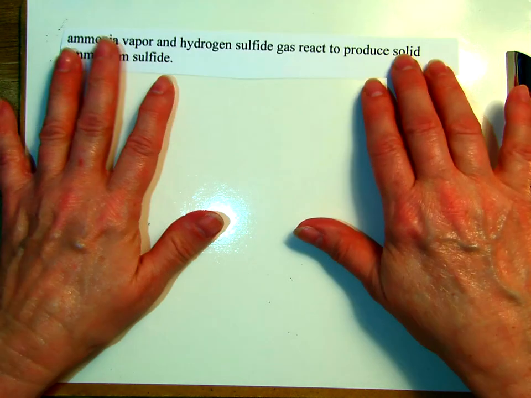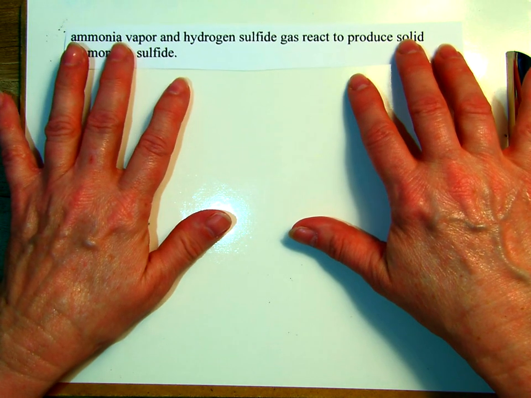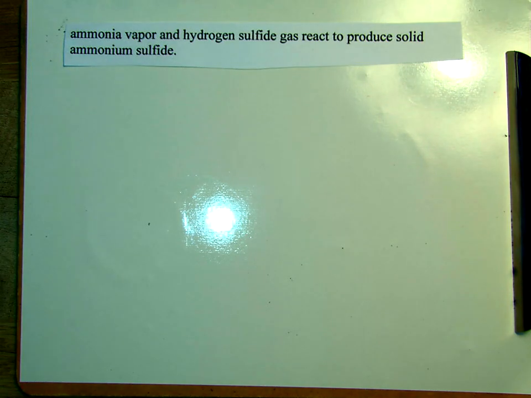All right, so for our next one, we are going to do this. Now this one says, ammonia vapor and hydrogen sulfide gas react to produce solid ammonium sulfide.